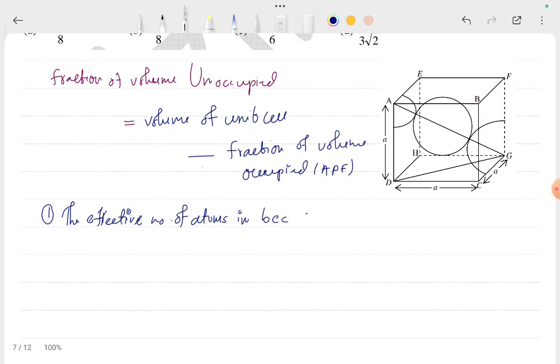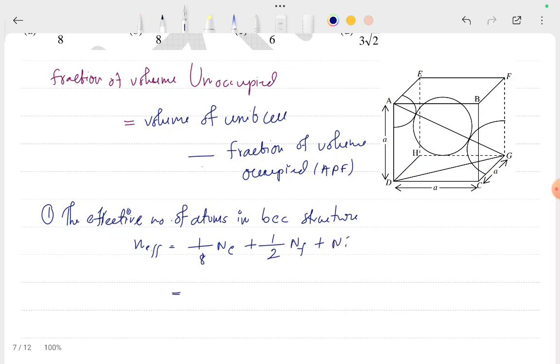We have a formula: 1/8 times Nc plus 1/2 times Nf plus Ni, the number of atoms inside the crystal.